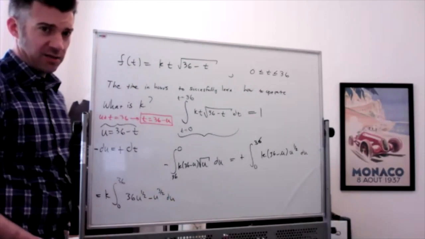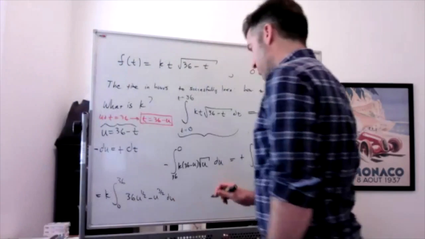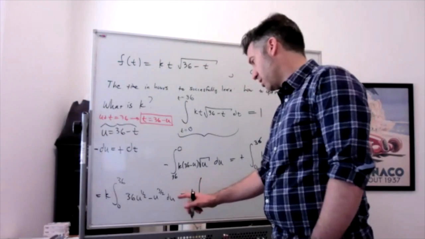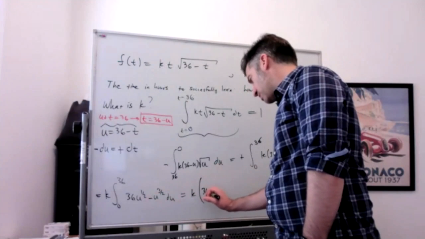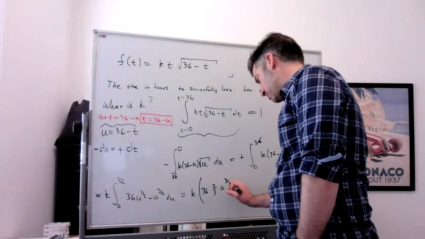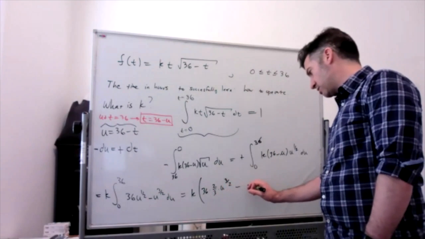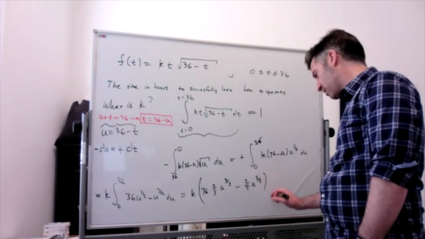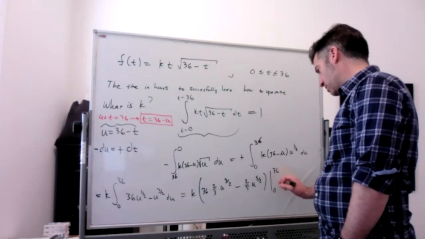This is going to get a little bit gross. So then we get k times 36 times 2/3 times u to the 3/2 minus 2/5 times u to the 5/2 from 0 to 36.